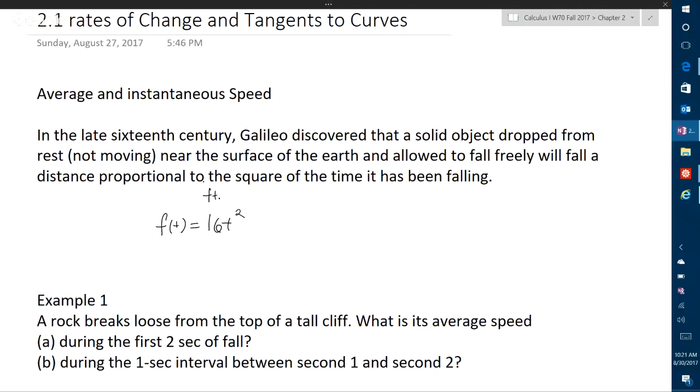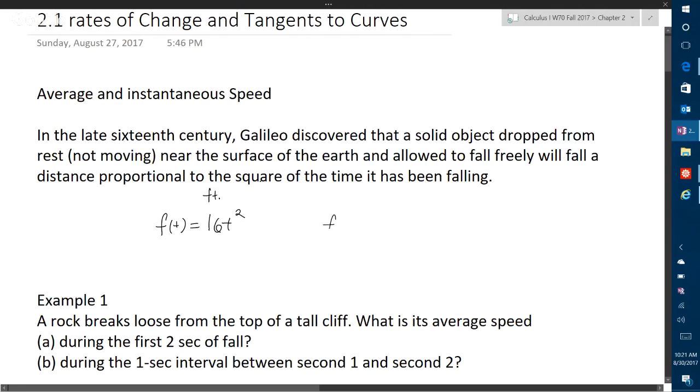Now this is in terms of feet. If we're looking at meters, this equation will change slightly. The constant will change. It'll be f of t is equal to 4.9 t squared. So this is in meters.